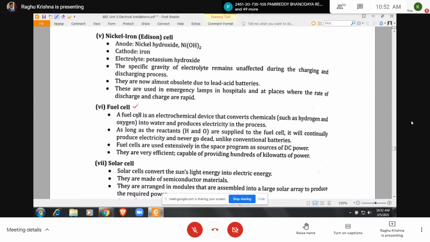A fuel cell is an electrochemical device that converts chemicals such as hydrogen and oxygen into water and produces electricity in the process. Very simple.